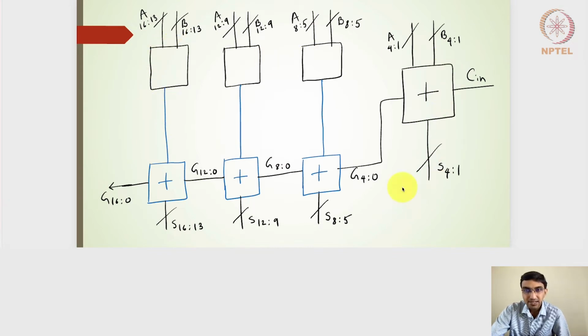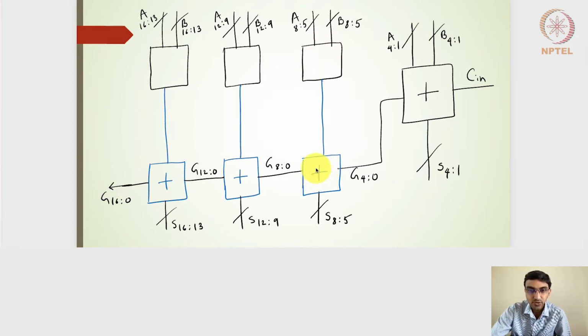At the block diagram level, I think it is pretty trivial. We have the first group of bits generated using the carry ripple addition mode, and afterwards we need to generate the sum bits as 8:5, 12:9, 16:13, and so on. Between these blocks, each block is going to generate its own group generate and propagate signals.